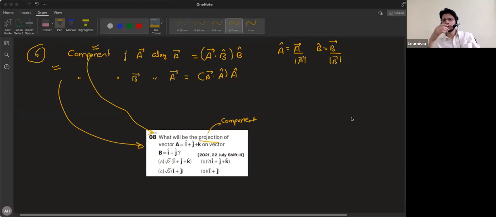If anyone has an issue with the calculations of B cap and A cap, for B cap, this is vector B, I cap plus J cap, just divide it by its magnitude.